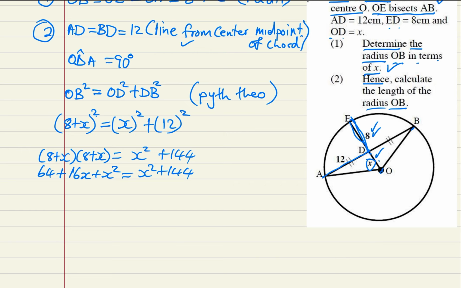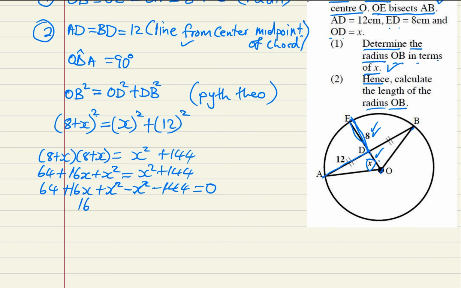Then we take the right hand side to the left hand side. Hence, this will be 64 plus 16x plus x squared minus x squared minus 144 equals to 0.